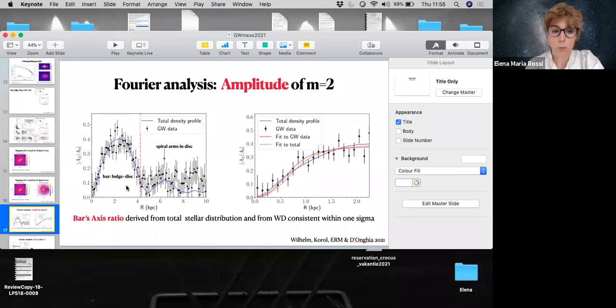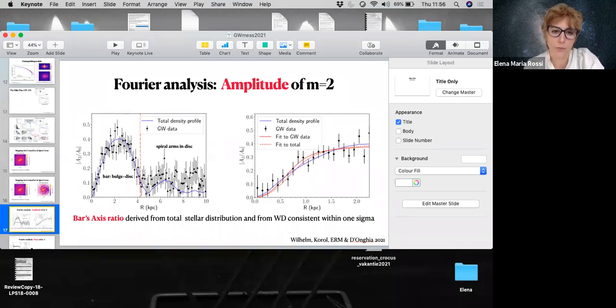It gets contribution both from the disk and from the bulge, while here are the spiral arms. You see that you can see the spiral arms in the underlying true distribution, this blue line. The black dots with error bars are the simulated LISA errors. And so already by eye, you can see that the bar can be detected, while in the spiral arm region, things get noisier.